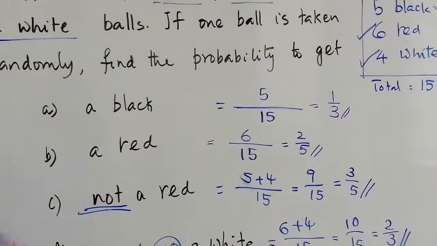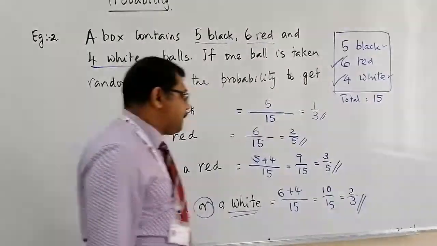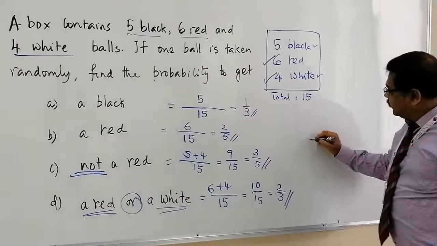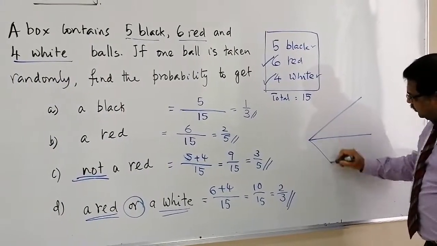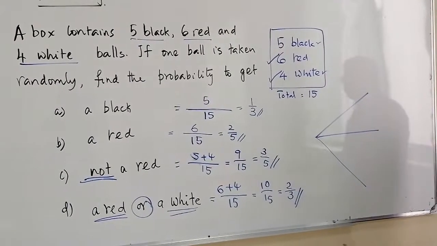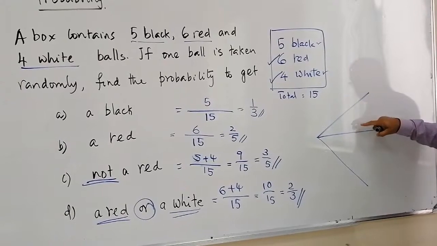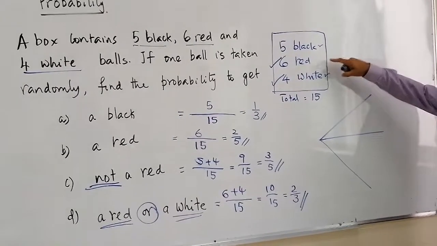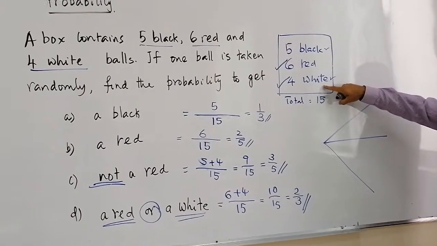Then this question can be represented in this way using a tree diagram. This is a tree diagram here. There are 3 different chances from the box, which can be black, red or white.